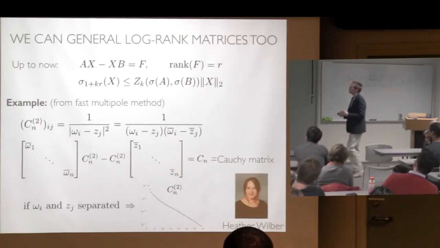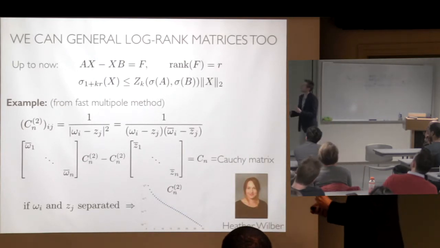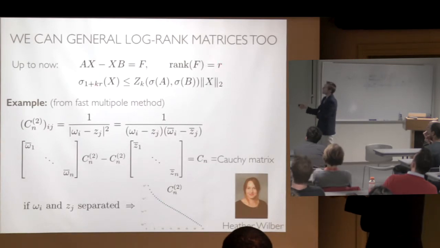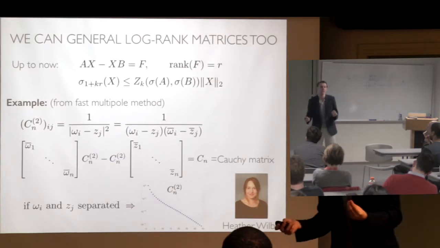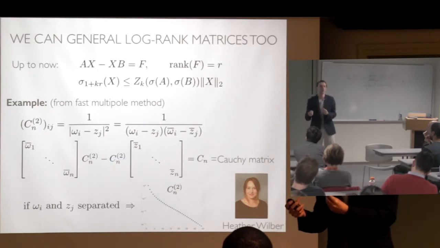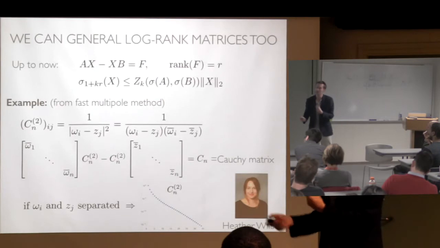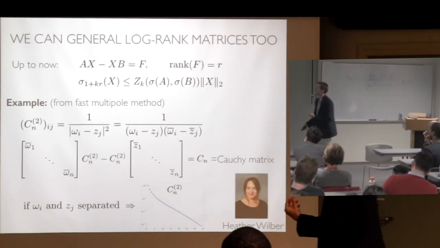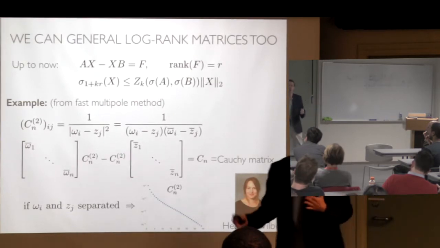So what's the problem with what we have right now is the following. If the rank of this right-hand side was, let's say, n, I would come to this step here and use my Zolotarev bounds, but it wouldn't tell me anything, because I'm using the mathematical rank of the right-hand side, F. I'd stick an n here, and that wouldn't tell me anything, because X is only of size m by n.